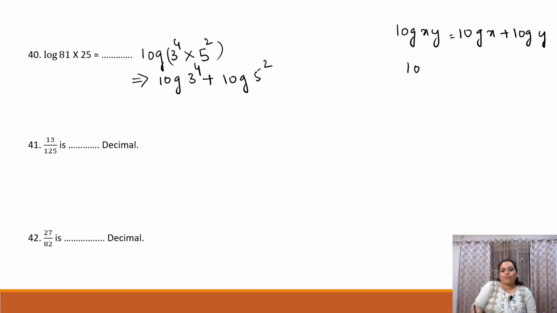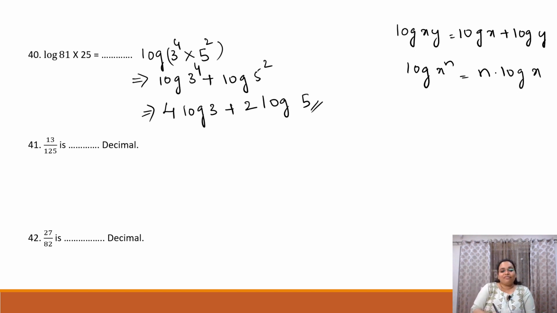Again this is in the form of log x power n, n into log x. That is 4 into log 3 plus 2 into log 5. Clear?